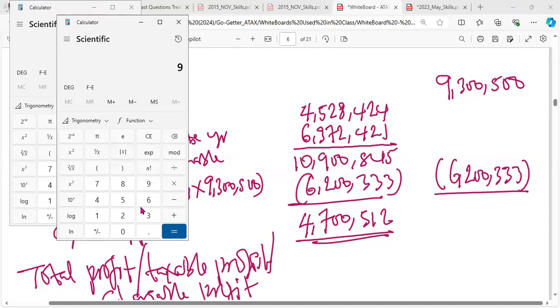We have 9,300,500 minus 6,200,333. That will give me 3,100,167.